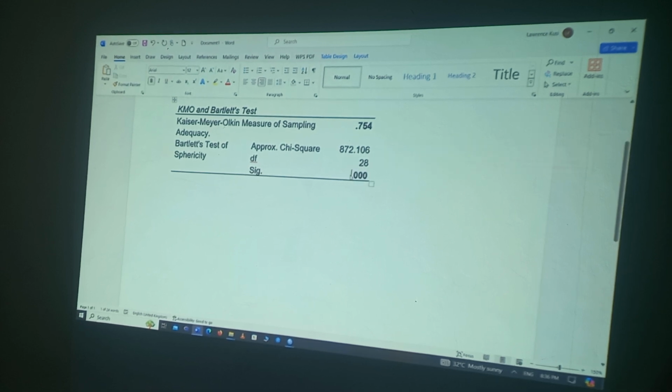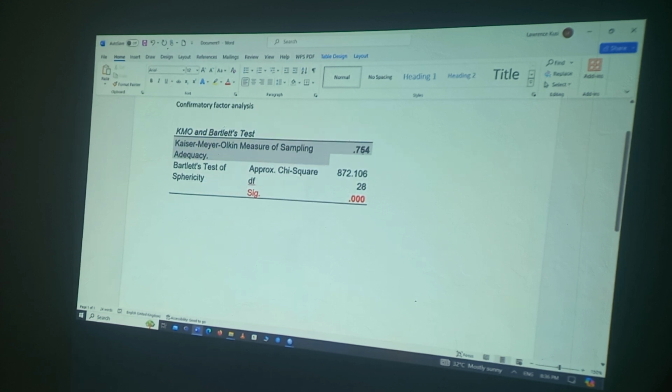So if it is significant, what conclusion do we make? That the correlation matrix is not what? It's not an identity matrix. So the two assumptions have been what? Met. We are good. So we have met the two assumptions.